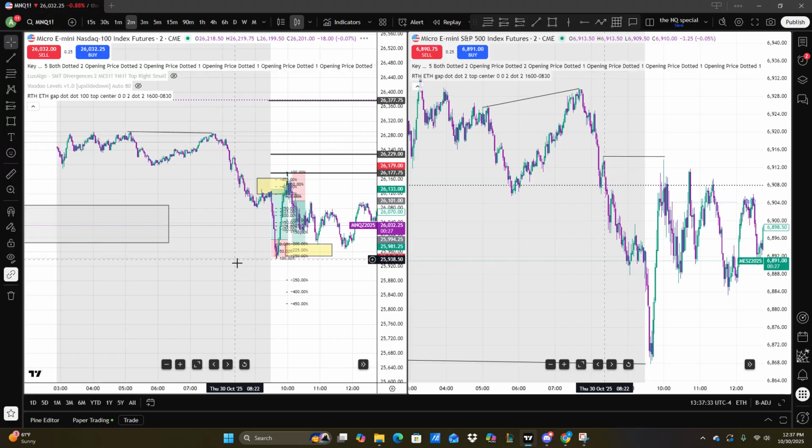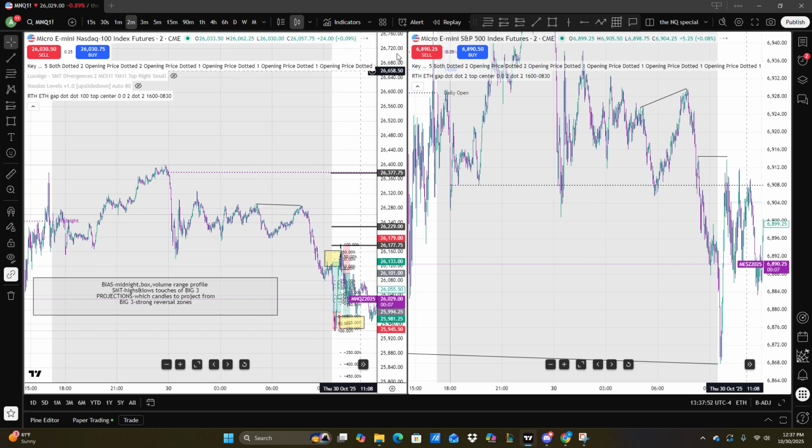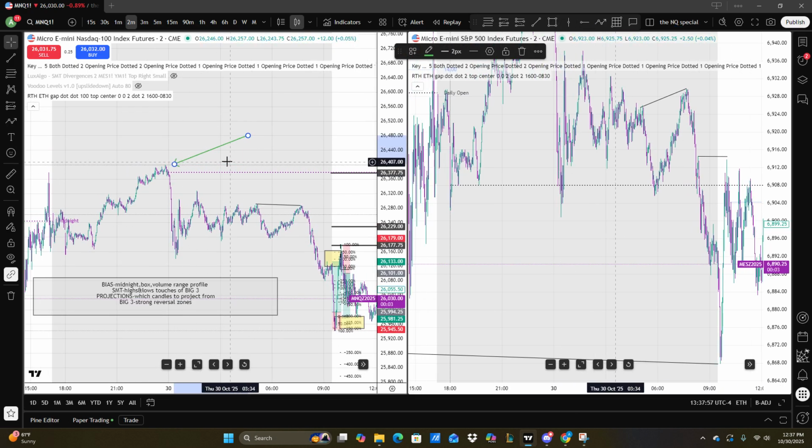You find the bias, you find the bottom of the day or high of the day, and then you just take your reversal from there. If you find the high or low of the day has already been made before market opens, you can wait for an SMT to take you in the direction. So if you know bottom of day, like let's say we know this is high of day, I don't know why we would know that, but let's say this is high of day.